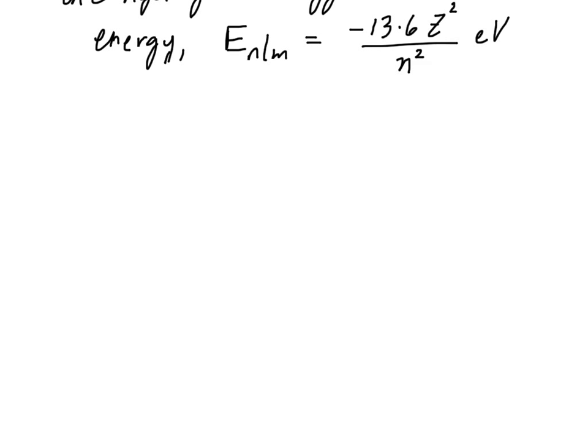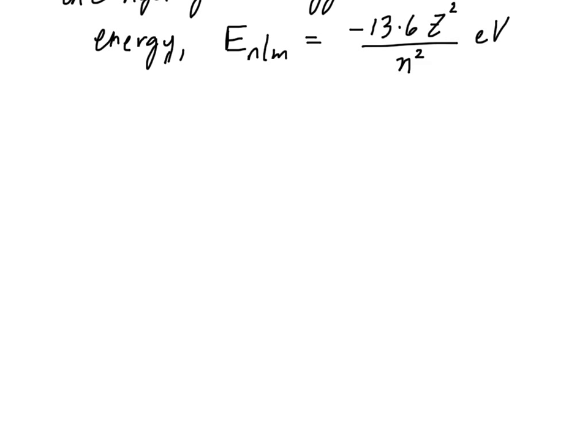So we will have a spectrum of energy levels, and we are going to occupy each of those energy levels with 2 electrons at a time until we run out of electrons for that particular atom. And that will provide us with the electronic configuration or the electronic structure of that particular atom.